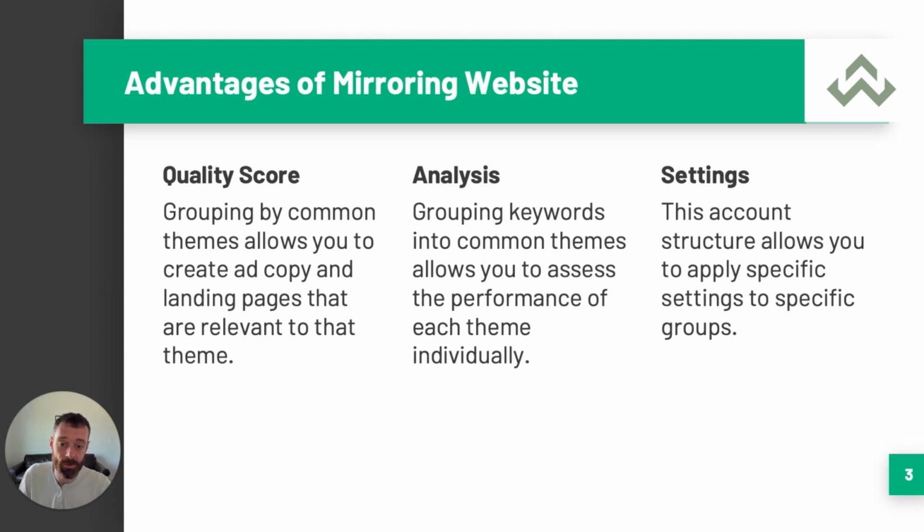The second item is going to be analysis. If you can break your services or products into common themes, each one of those will have a different cost per lead associated with it. They'll have varying metrics and different performance. So you will want to look at each of those individually and then make adjustments accordingly.